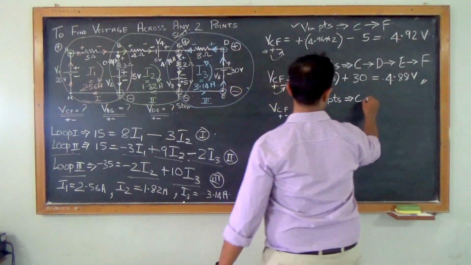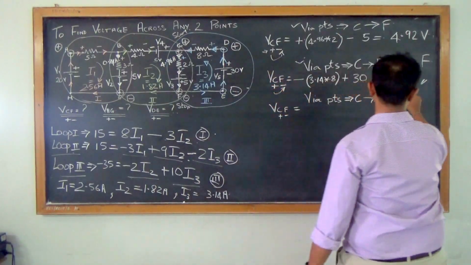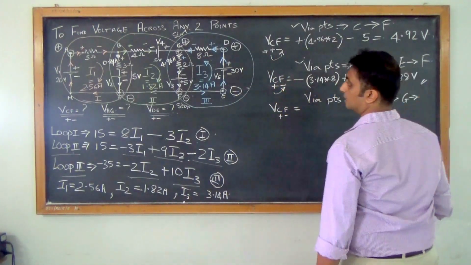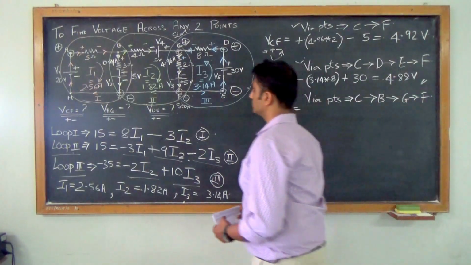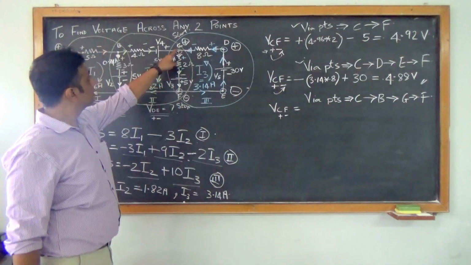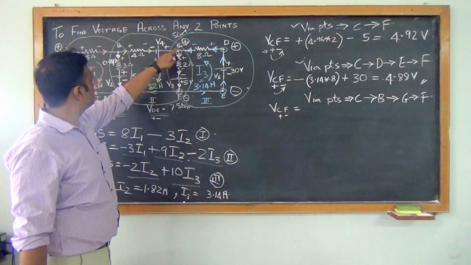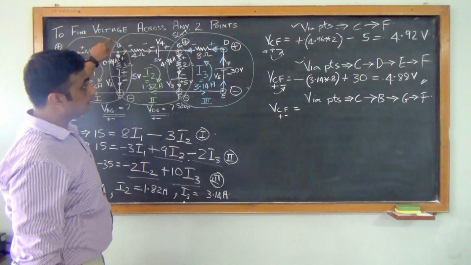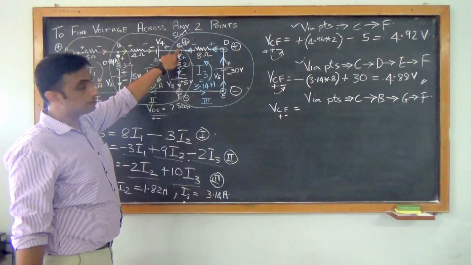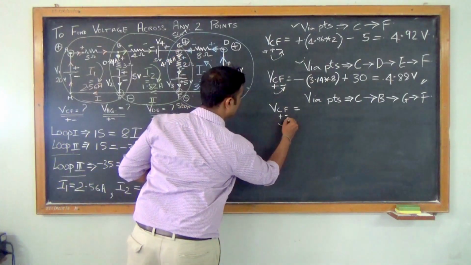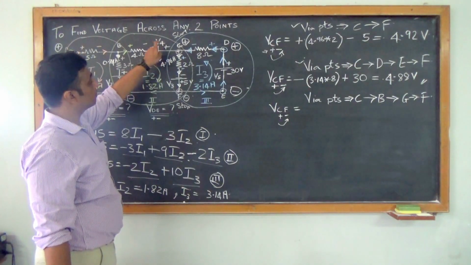From C to B, from B to G, and then from G to F. So now I am starting from C and ending at F via points C, B, B, G and G, F. So the first terminal it touches is a positive terminal of the voltage source.